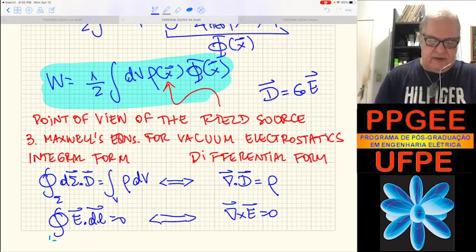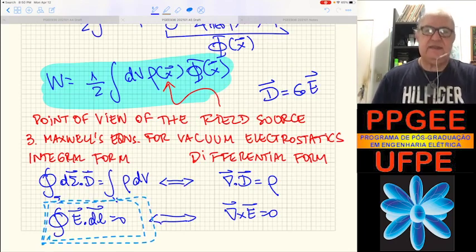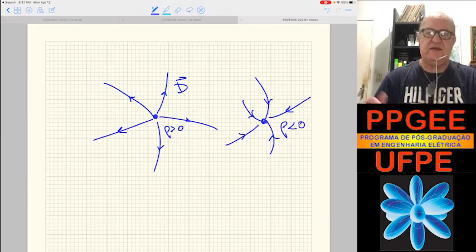Second property is this one, right? Circulation of E equals 0. Well, we have two ways of doing this.